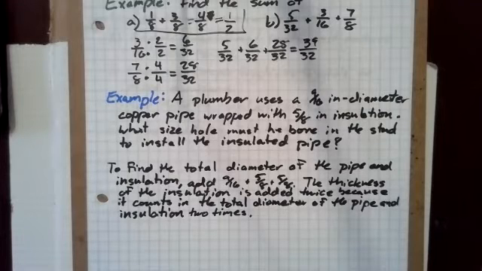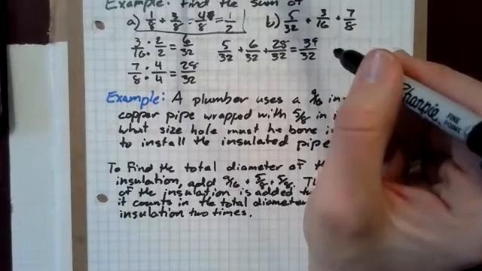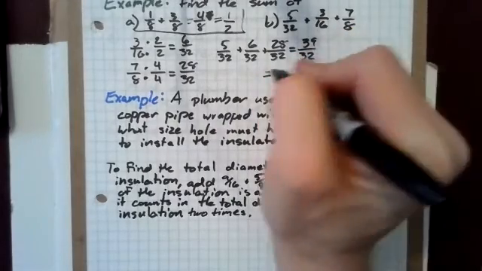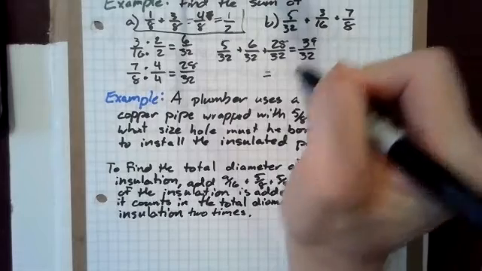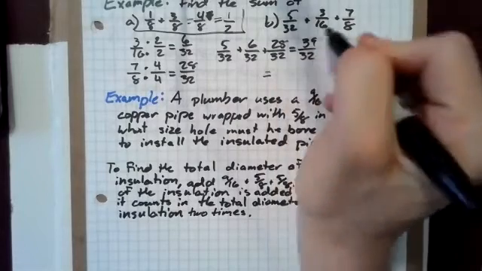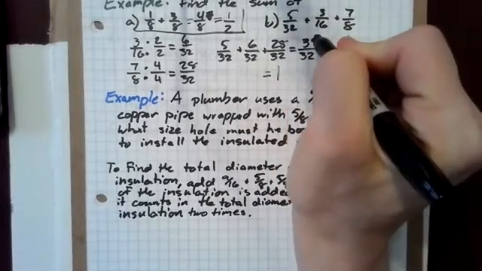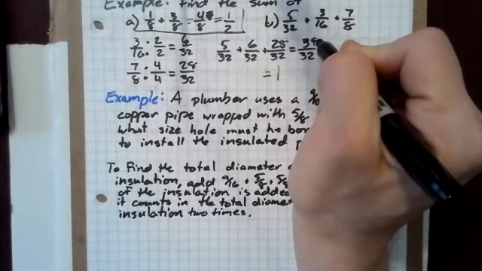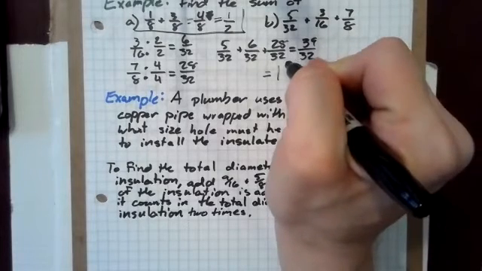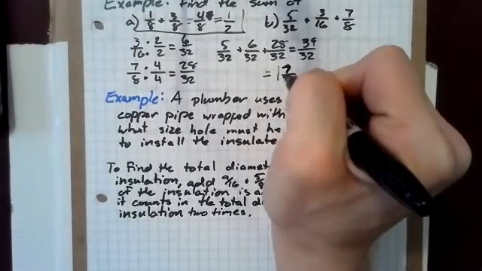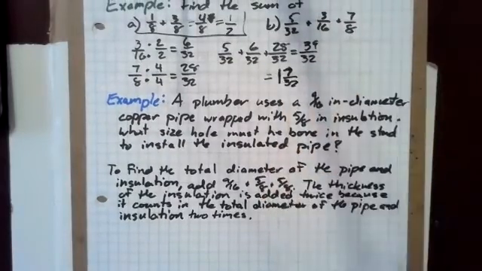However, we might want to change it into a mixed number. To do that, we're just going to take 1 away from all of this. So we'll subtract 32 from the numerator, turn 32 over 32 into 1, and then 39 minus 32 is 7. That's 1 and 7/32.